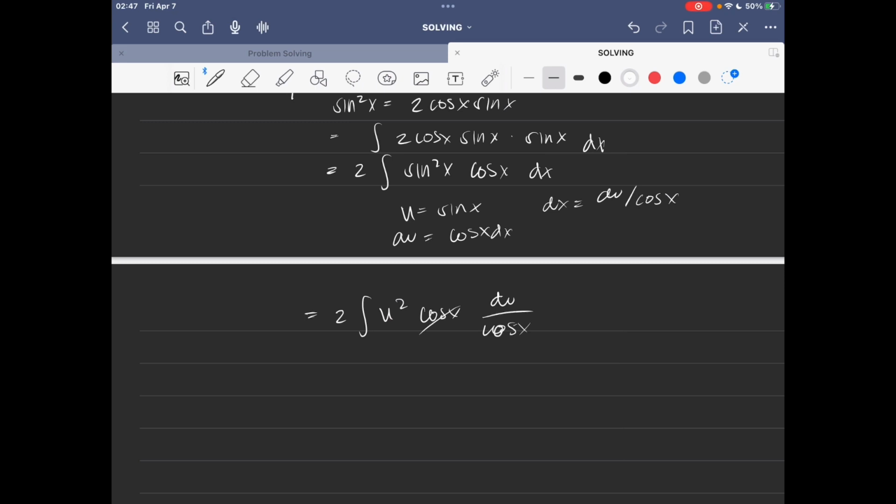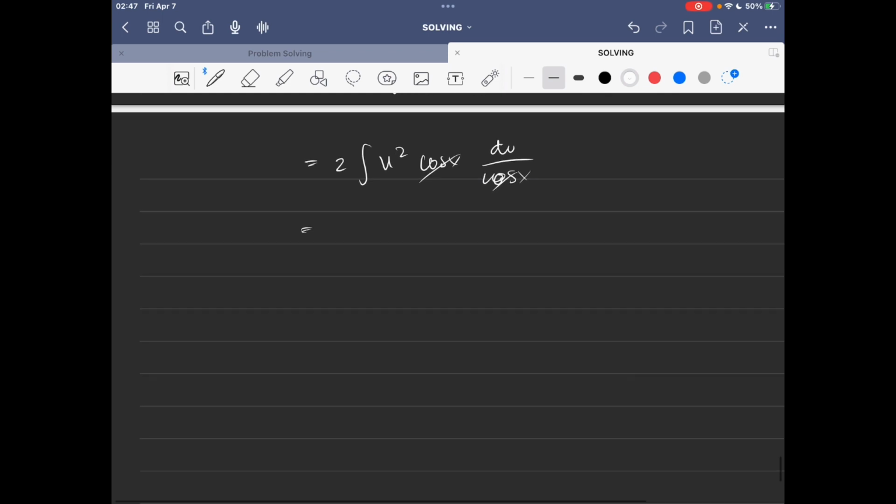Then we can cancel cos x. We are left with 2 integral of u squared du, and for the integral of u squared we'll use the power rule. We have 2 u cubed over 3 plus c, or 2/3 u cubed, where u is sine x, so sine cubed x.